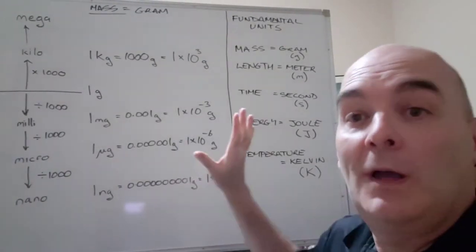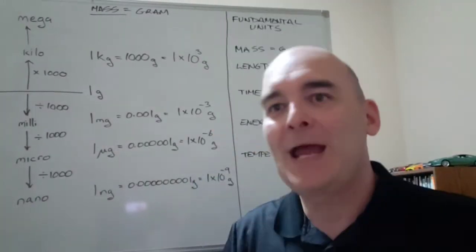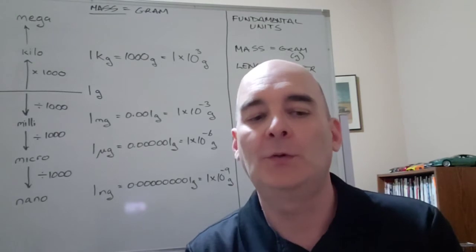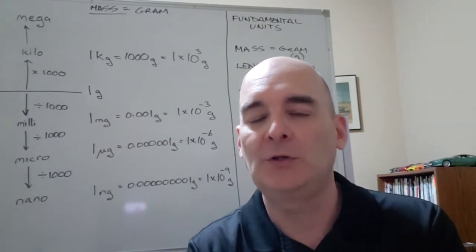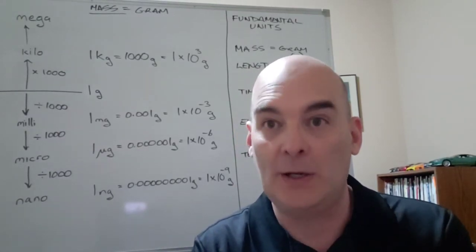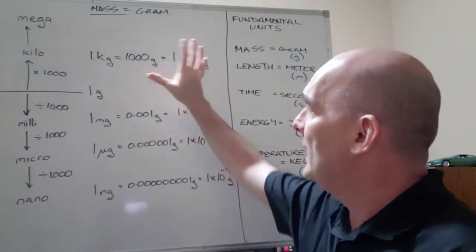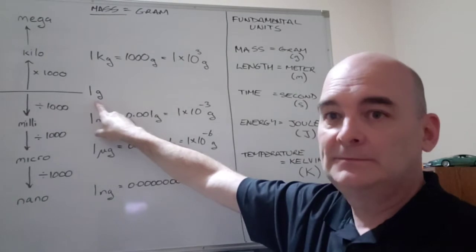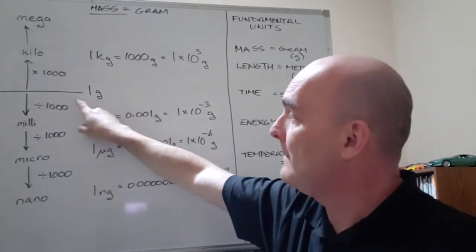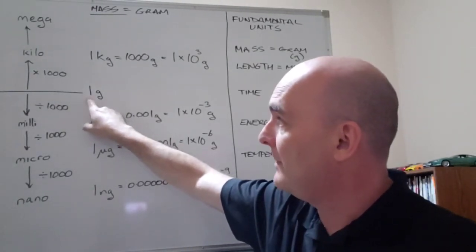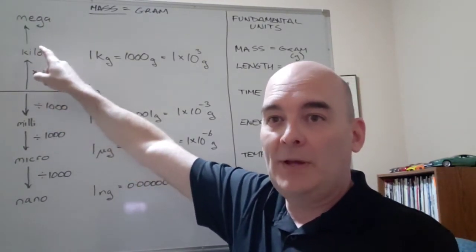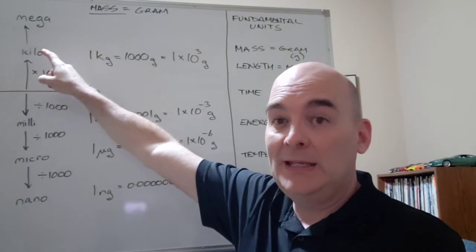Okay, now, all of our units break down exactly the same way. We're going to talk about our units in increments of 1,000. So if I were to talk about mass, here's a gram. If I multiply that gram by 1,000, going up 1,000 is making a kilo.